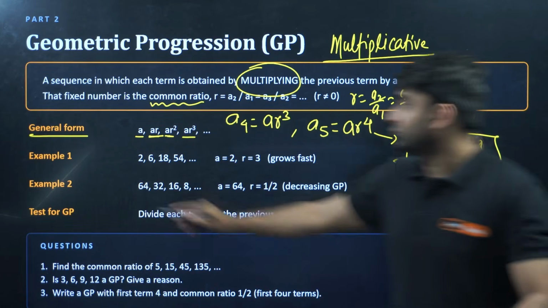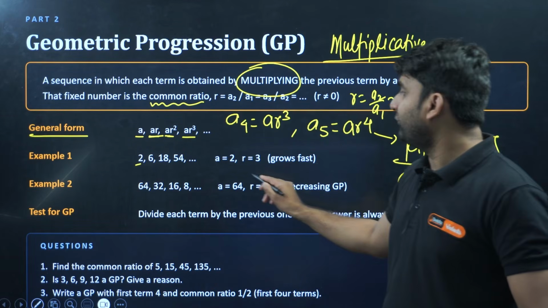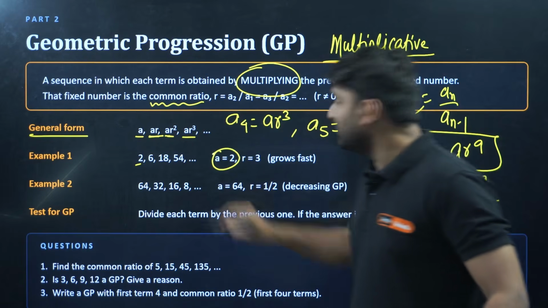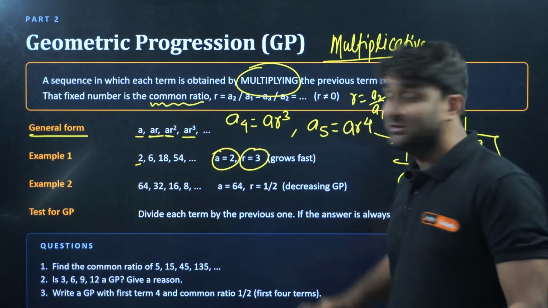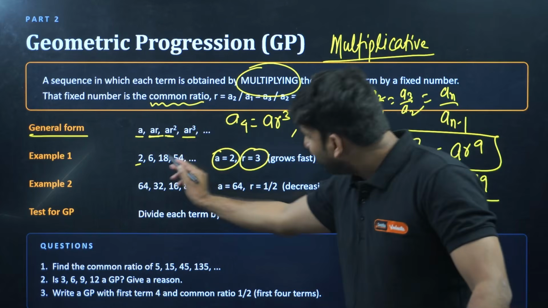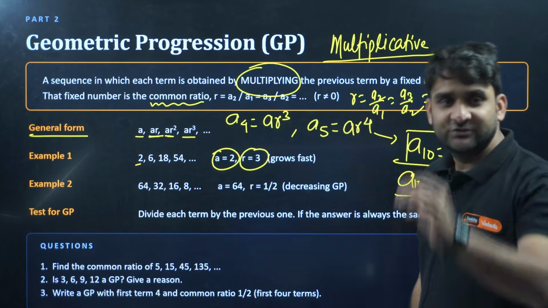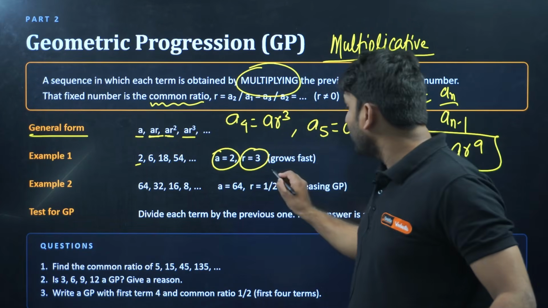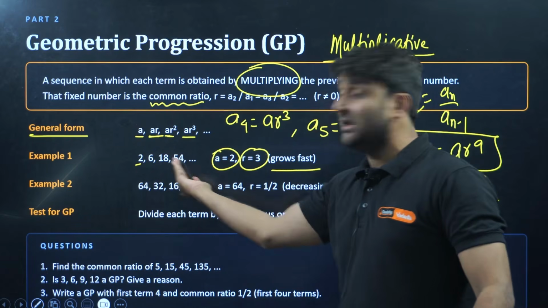Clear everyone? So for example 2, 6, 18, 54: the first term is a, and the common ratio will be 3. 6 divided by 2 is 3, 18 divided by 6 is 3, 54 divided by 18 is 3. This is called the common ratio, and it grows very fast because the numbers are obtained by multiplying.